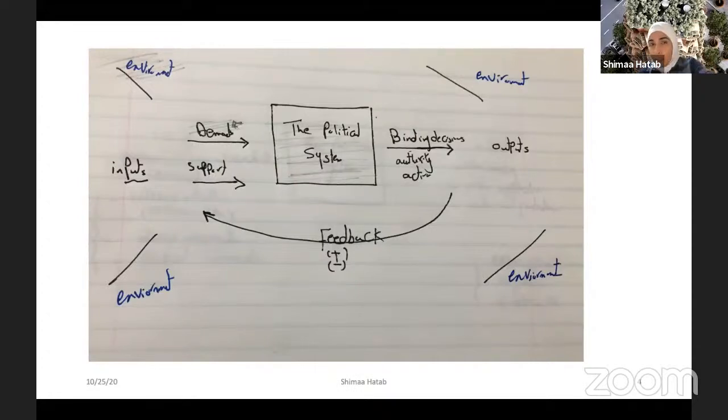You see this square? What the analysis says is a black box. It didn't tell us what's really going on in this black box, how political elites or state apparatuses actually receive these demands in order to transform them into binding decisions. And it didn't explain any sort of political instability.